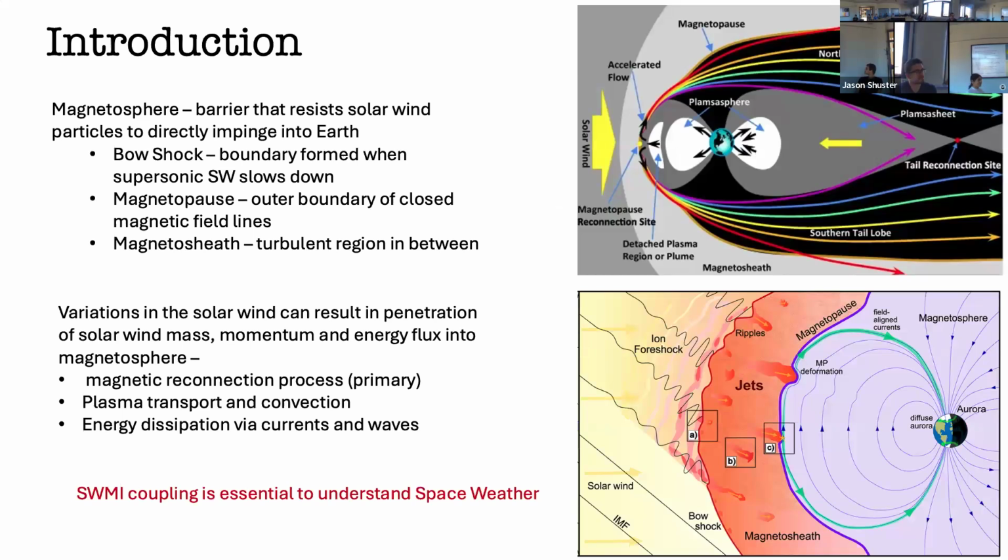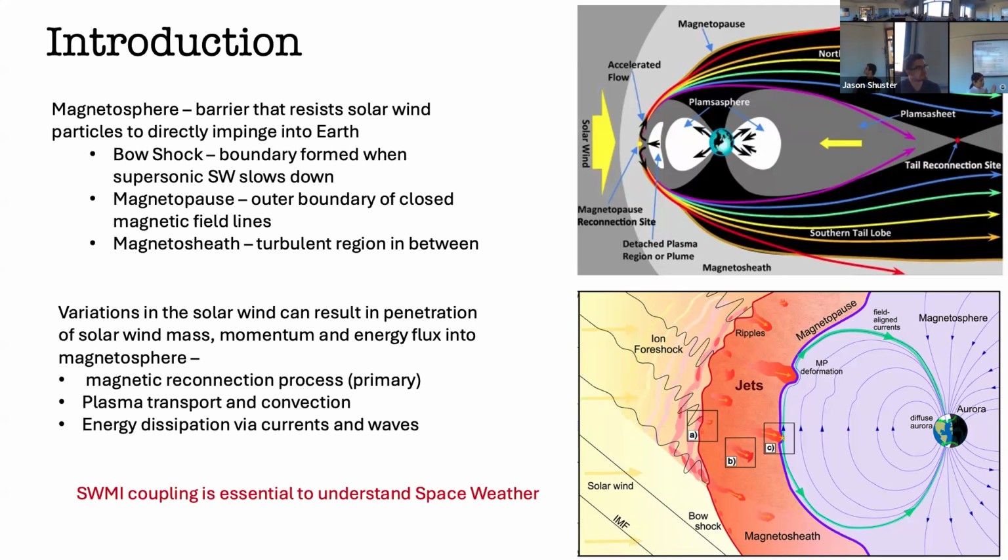I believe everyone here is a space physics person, so I do not have to explain the magnetosphere physics at all. I'll just briefly discuss that solar wind variations transfer mass and momentum into the magnetosphere.